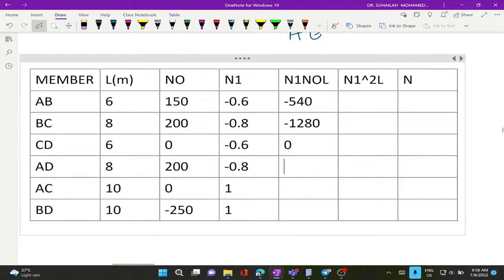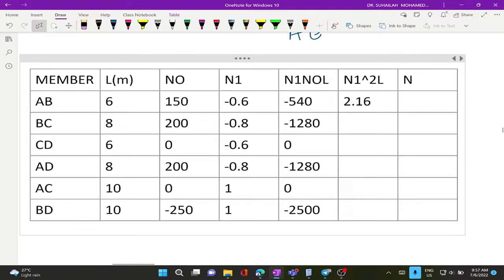Then 8 times 200 times negative 0.8 again, negative 1280. AC is 0, and BD is 10 times negative 250, which is negative 2500. For N1 squared L, negative 0.6 squared times 6 gives 2.16.